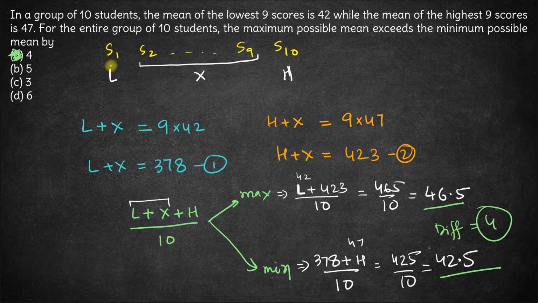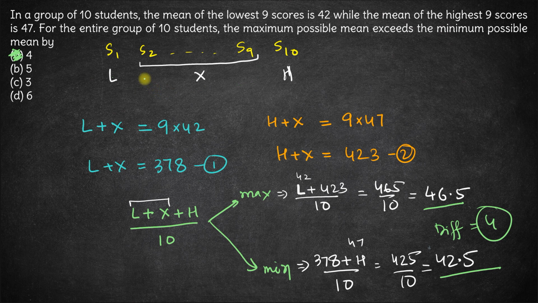Again, I am not bothered about the least possible value of L. L can be any low value. Marks can be negative, it can be minus 100, 200, whatever it is. There is no limit to it, but there is a limit to how high it can be. Since the average of all these numbers is 42, L cannot be greater than 42.